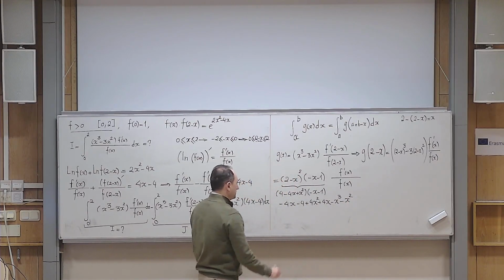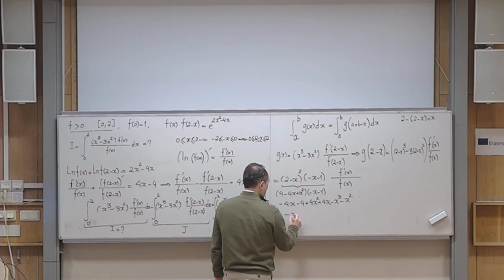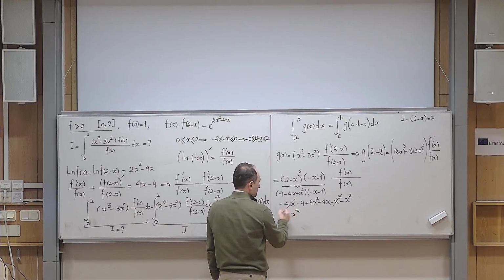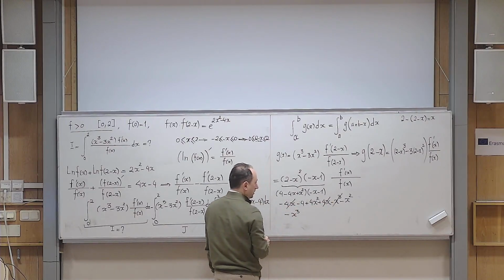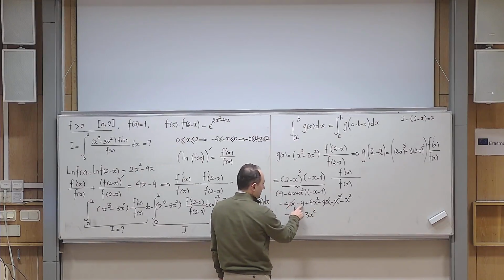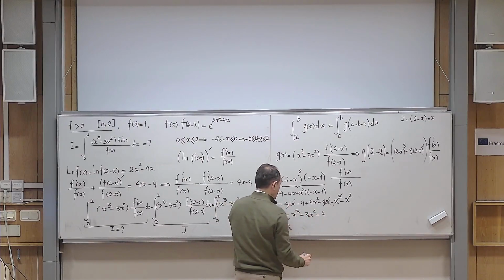Yes, can I simplify it more? So let me write minus x cubed first. And then minus 4x here and 4x there are gone. And then for x squared, this becomes positive 3x squared. Good. And then I have a minus 4 left.